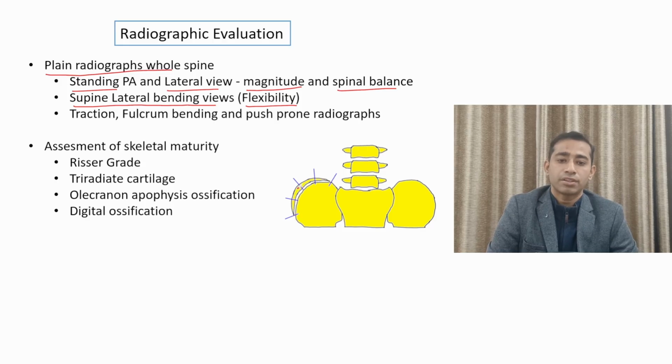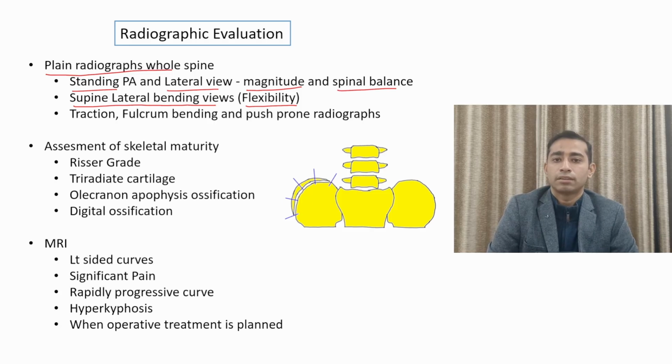The calcification is graded. If there is no calcification, this is Risser's grade 0. If one part is calcified, this is 1, 2 parts is 2, 3 parts is 3, and 4 parts is 4. When this entire calcified apophysis is fused with the iliac wing, this is Risser's grade 5. Risser's grade 0, as we have seen, has a high chance of progression.